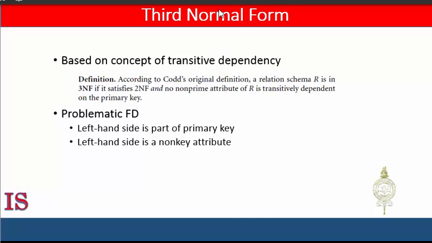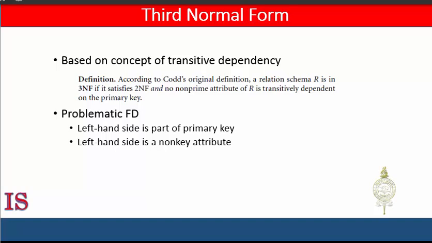Definition. According to Codd's original definition, a relation schema is in third normal form if it satisfies second normal form and no non-prime attribute of a relation is transitively dependent on the primary key.